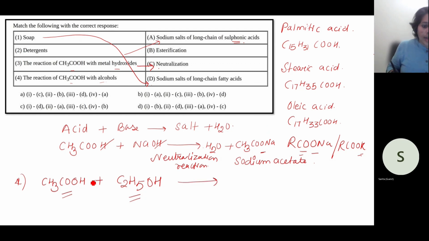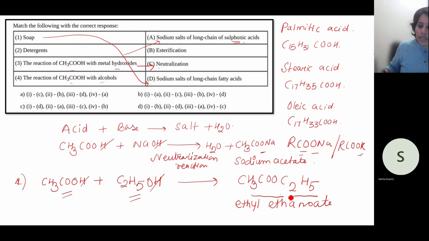So we will get CH3COOC2H5. This is ethyl acetate, and the IUPAC name for this compound is ethyl ethanoate. So acetic acid and ethyl alcohol form ethyl ethanoate or ethyl acetate. This reaction is known as esterification reaction.